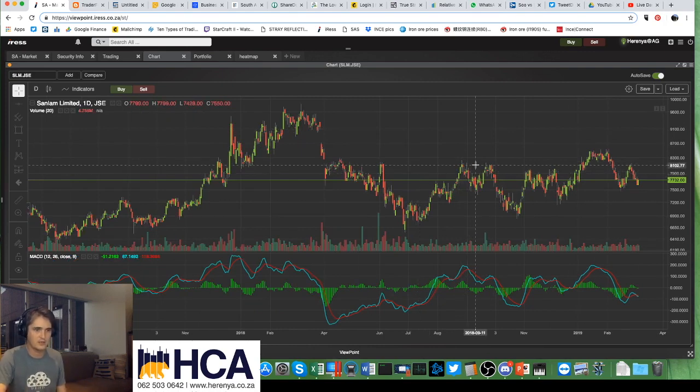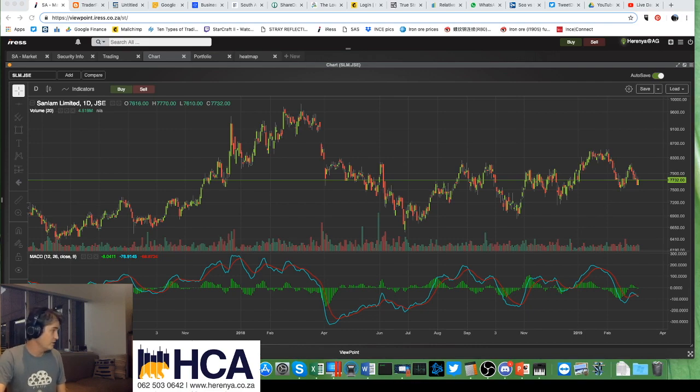So when price, for example, is making higher highs but the MACD is failing to make higher highs, that could be potentially bearish. If you see here, the MACD line is making lower lows, yet our price is making higher highs, that is a trend continuation signal, and thus relatively bullish.